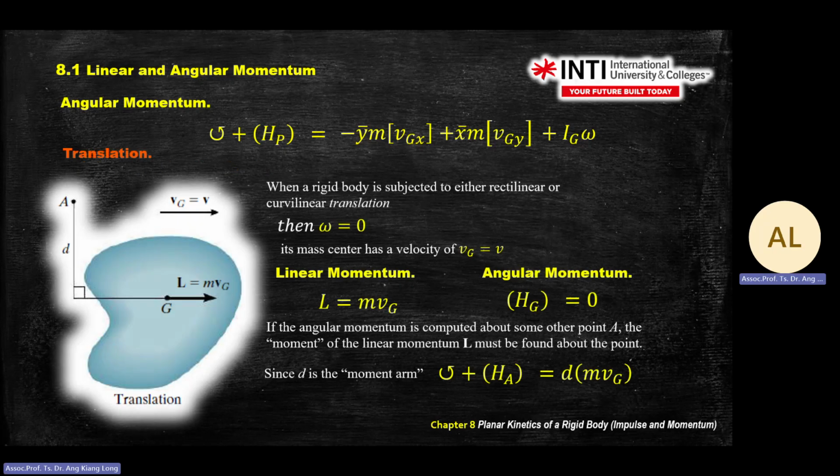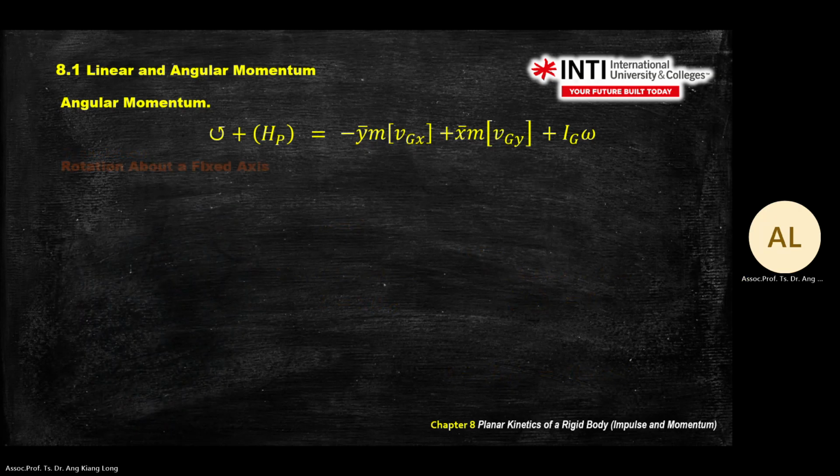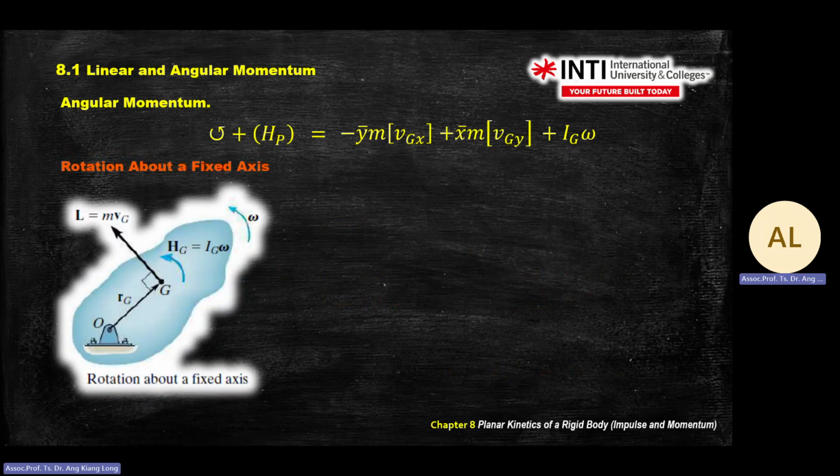So just now is translation. What if the body rotates like this? You're rotating something. The application of this, you will see in your test 2 question later. You have a microsatellite that has 2 solar panels like this.